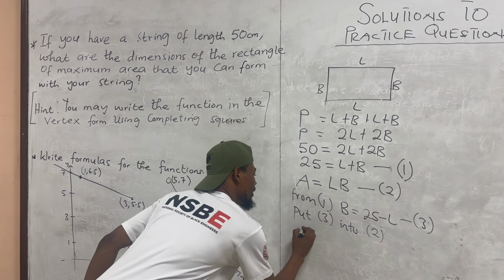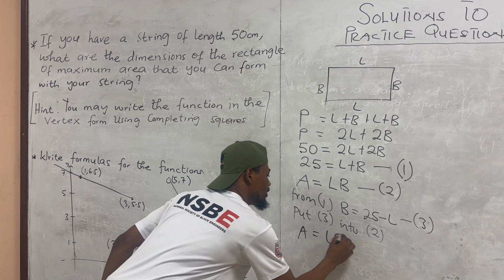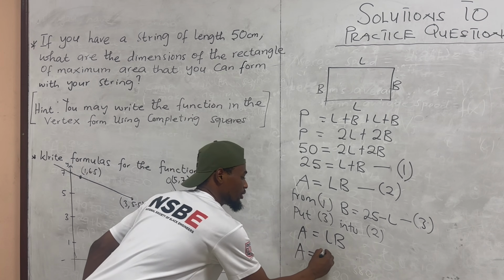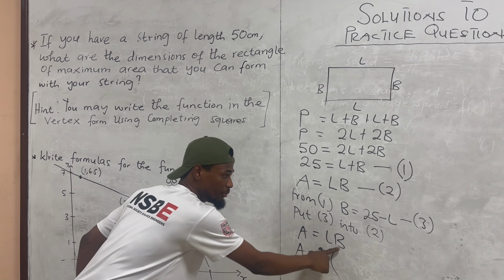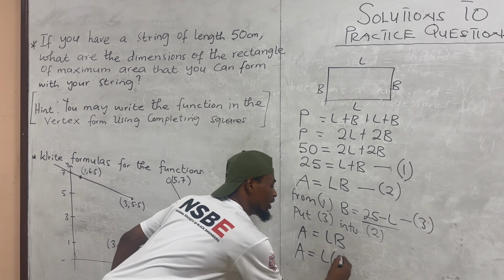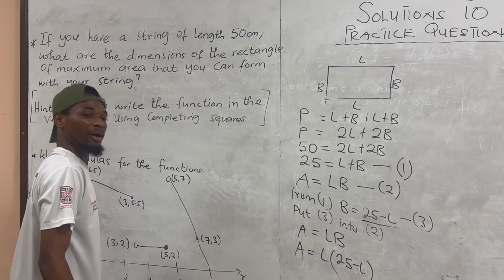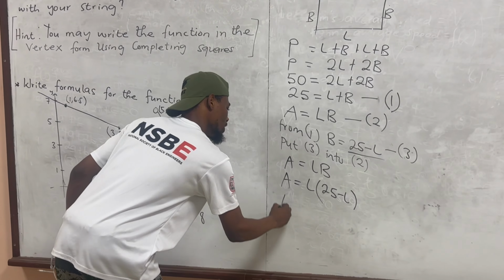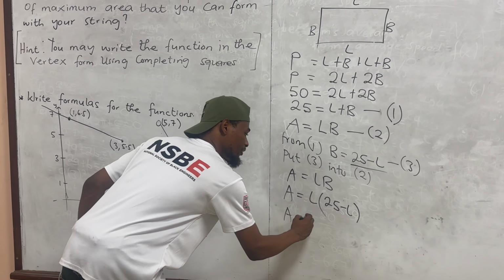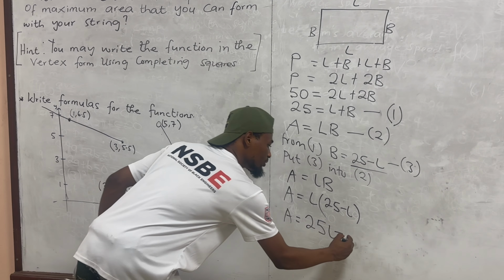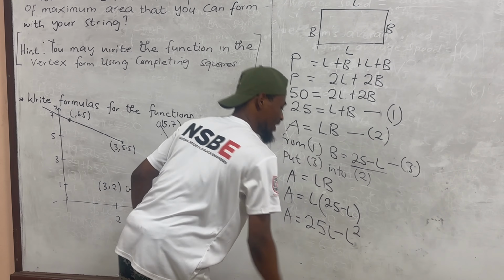I have A is equal to L times B, and B is 25 minus L. So A is equal to 25L minus L squared.